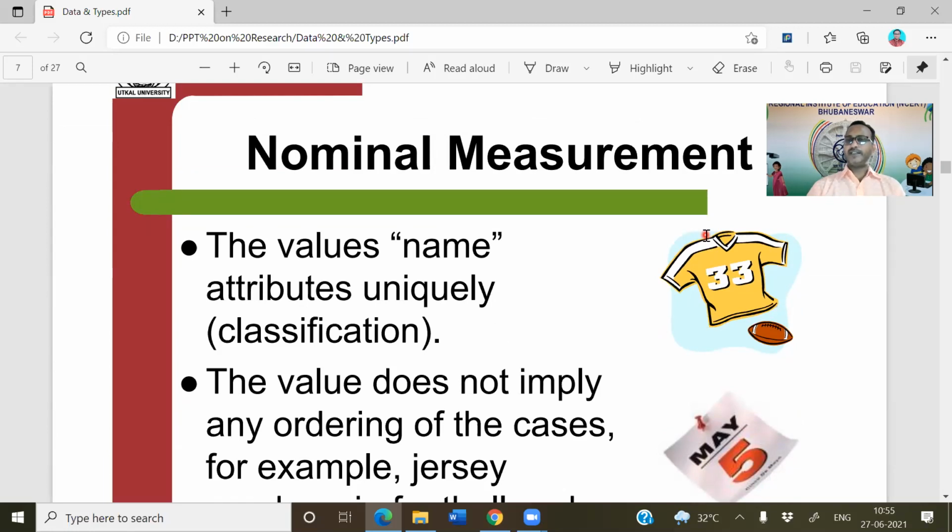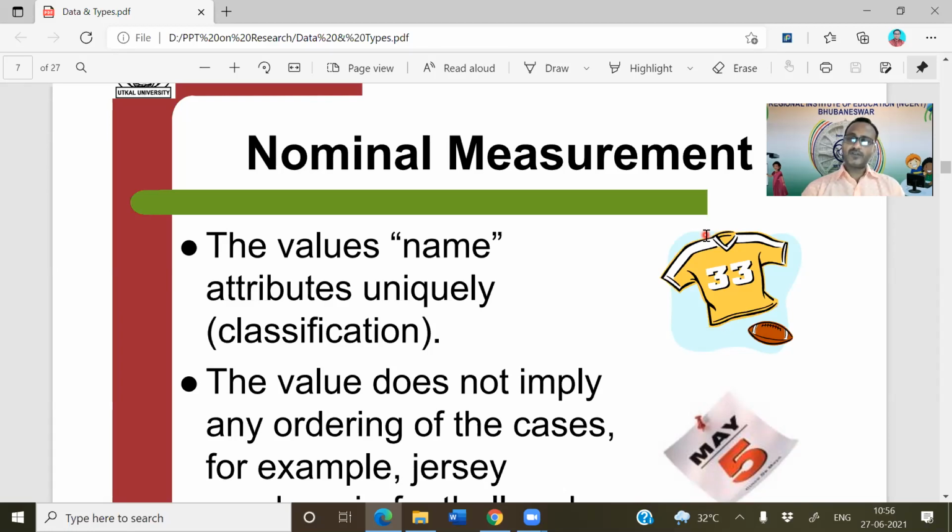If I look at the slide, it is written 33 on a t-shirt. 33. Sometimes you see in some others it is 25. Some other it is 45. What does it mean? The better example will be, I think you have seen a cricket match, and every cricketer has a number on the back.